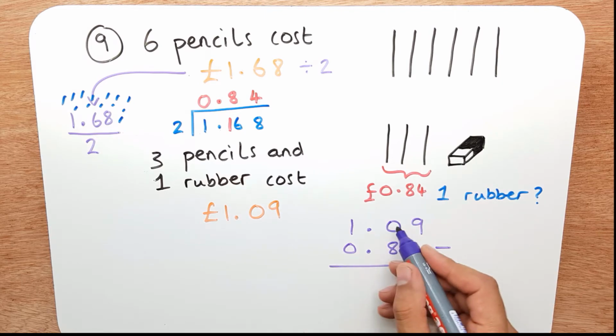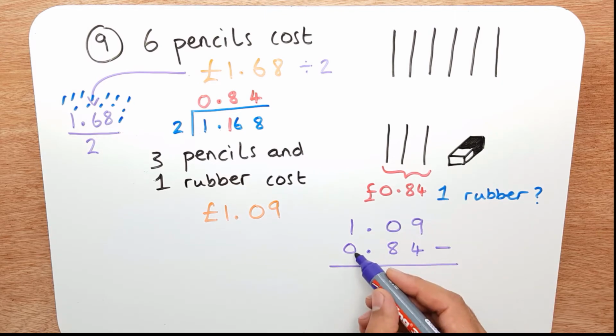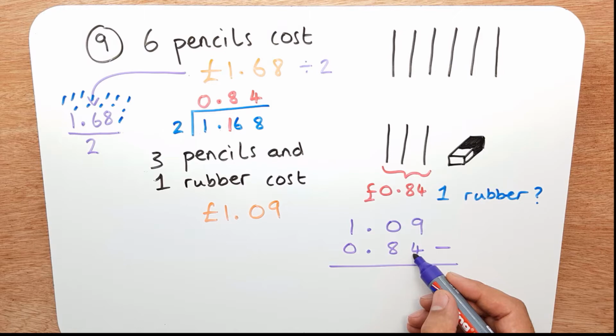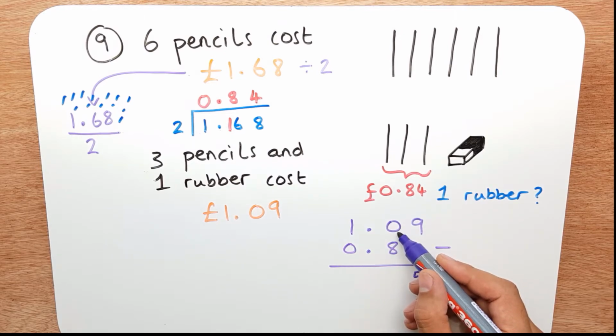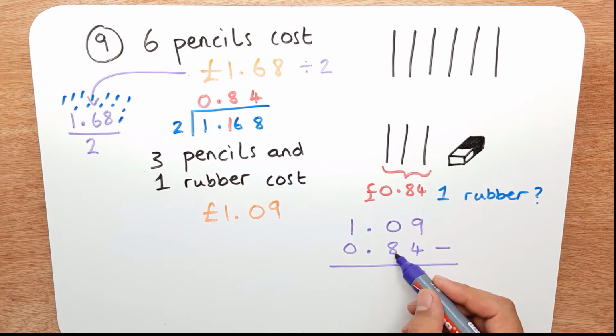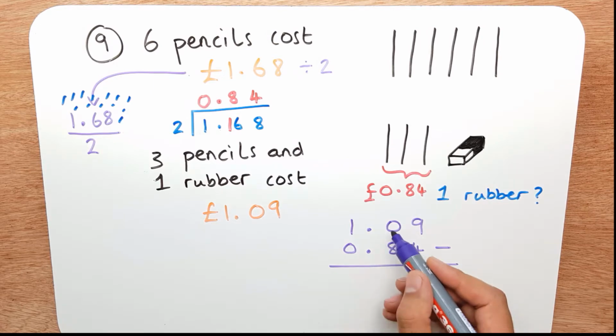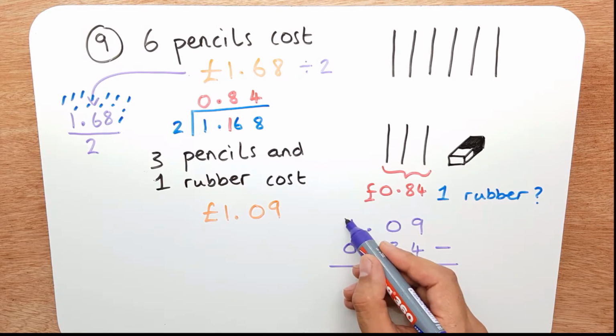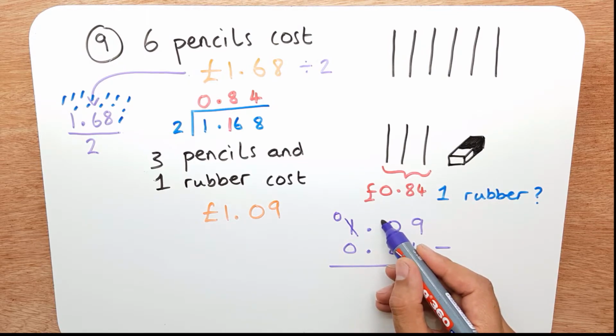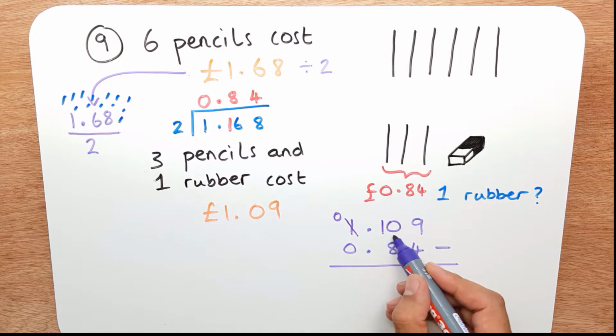Now I'm going to subtract these 2. So 9 take away 4 is 5. 0 take away 8, I can't do, so I have to go to the neighbour and borrow 1. So he becomes 0, and the one that comes over turns this 0 into a 10.